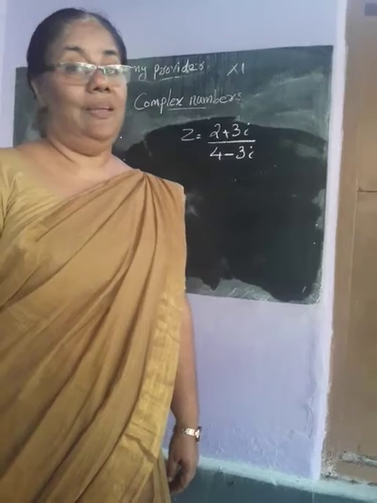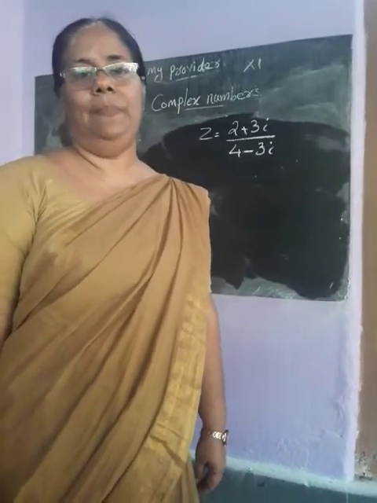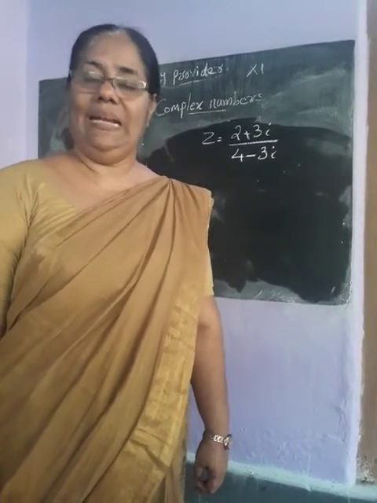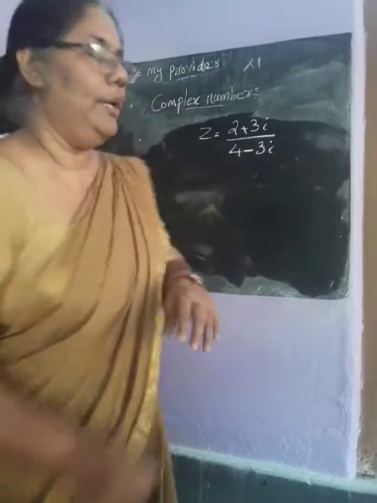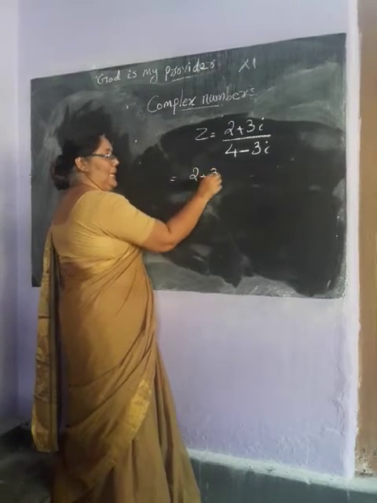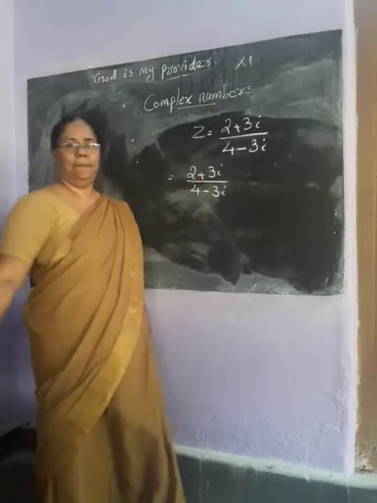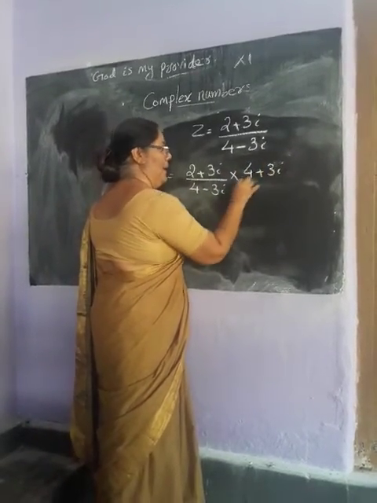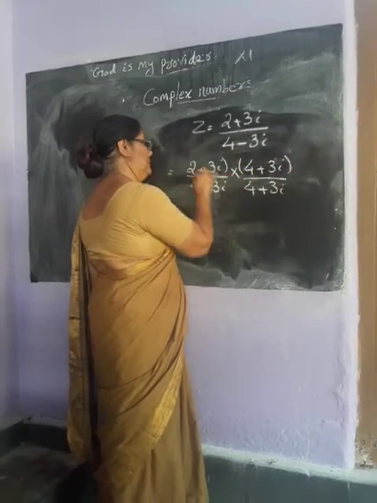Then here also the denominator contains a complex number. Therefore, what's the procedure? Multiply and divide by the conjugate of the denominator. Then write the question. 2 plus 3i by 4 minus 3i into 4 plus 3i by 4 plus 3i. Agree?